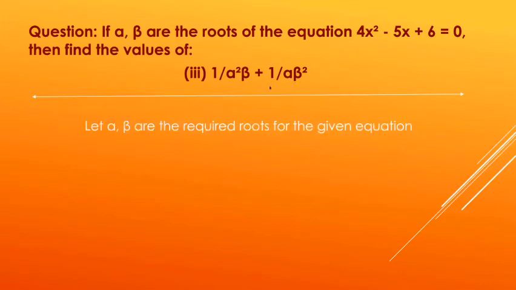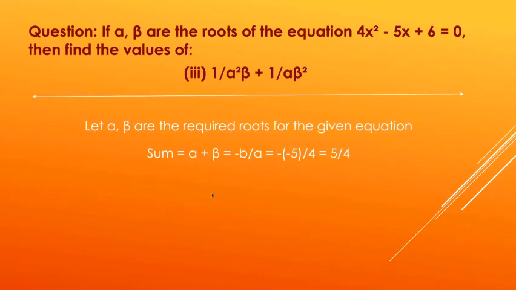First step is, let alpha and beta be the roots of the required equation, and as we have done before, we will find the value of the sum and product of the roots. Sum will be equal to alpha plus beta. Formula is minus b over a. If we compare this equation with the standard form of the quadratic equation, we will conclude that a is equal to 4, b is equal to minus 5, and c is equal to 6.